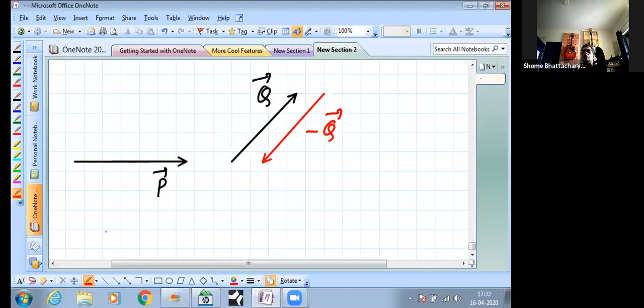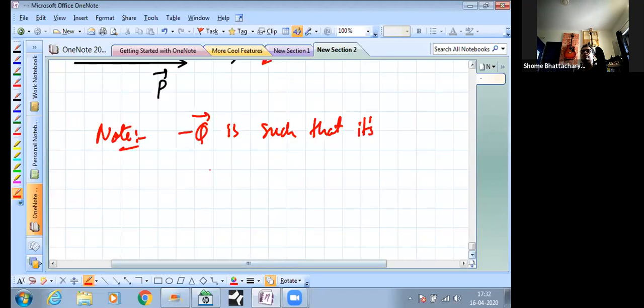Okay. So minus Q is such that its direction is opposite to Q, and magnitude is the same.